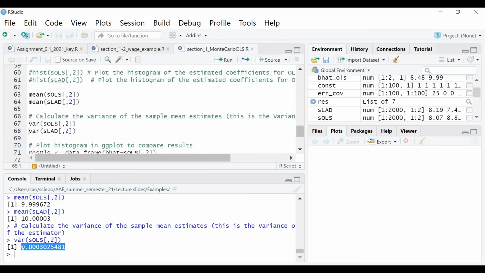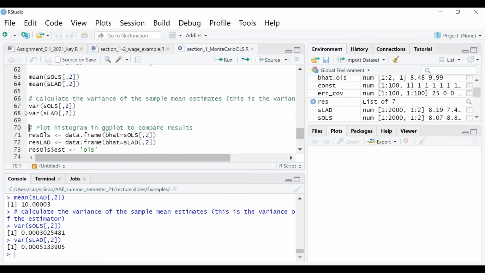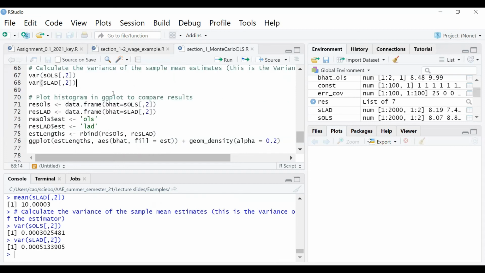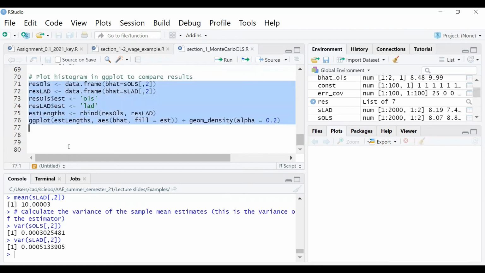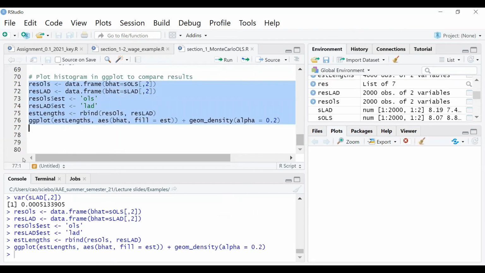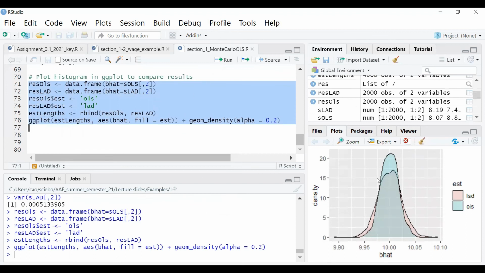However, let's compare also the variance of these sampling distributions now to see how the variance are. So here the variance of the OLS is pretty small, 0.0003 something. And then, well, it's a bit larger, you see, for the least absolute deviation. Maybe it's hard to say. Let's look at the histogram of it. There we go.